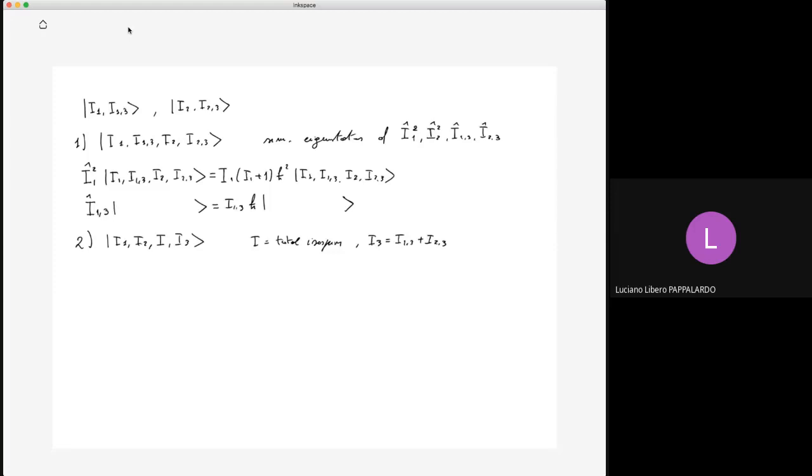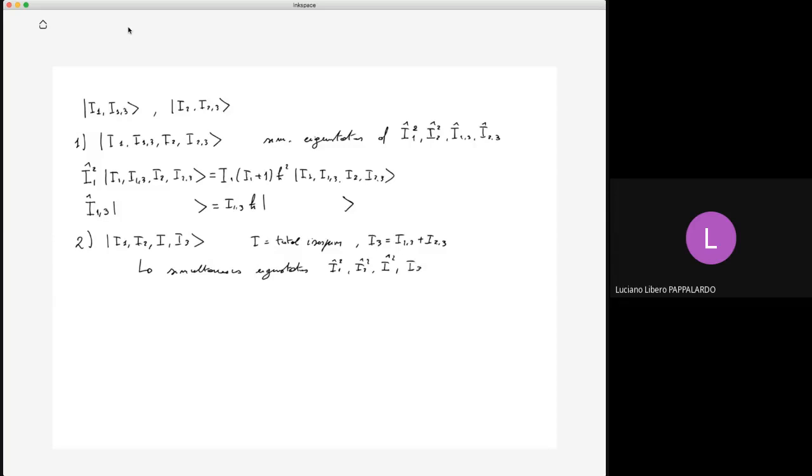And these eigenstates here are now simultaneous eigenstates of the operators, again, I1 squared, I2 squared, I squared, and I3.